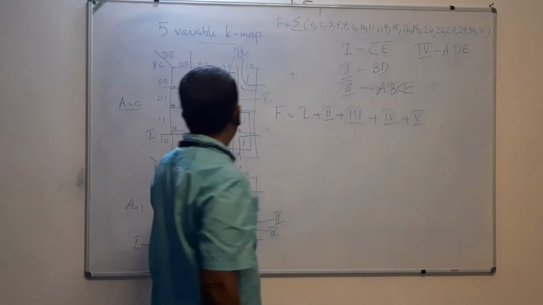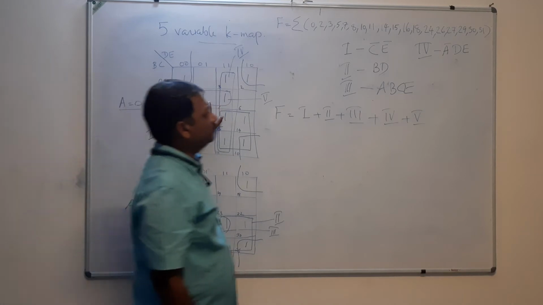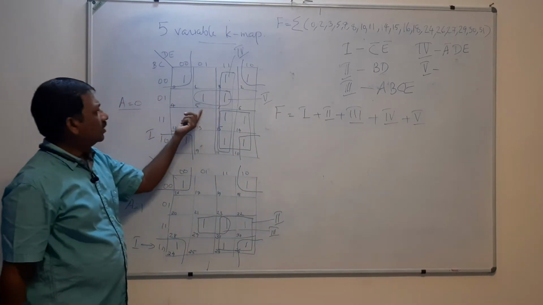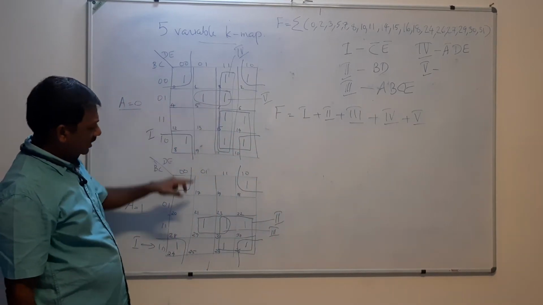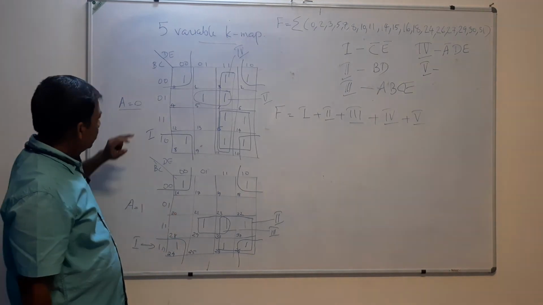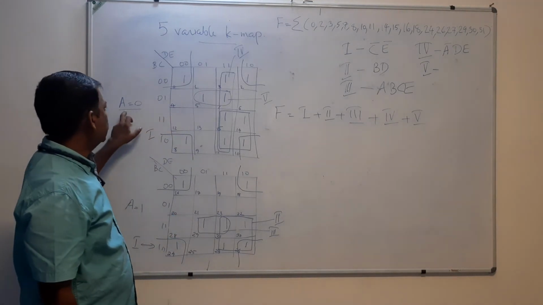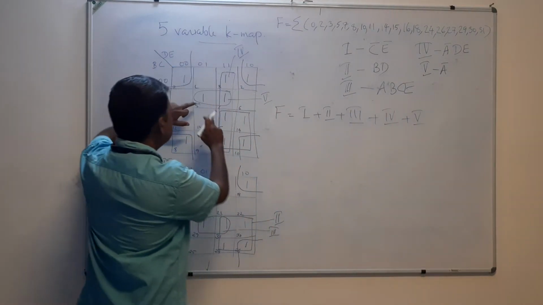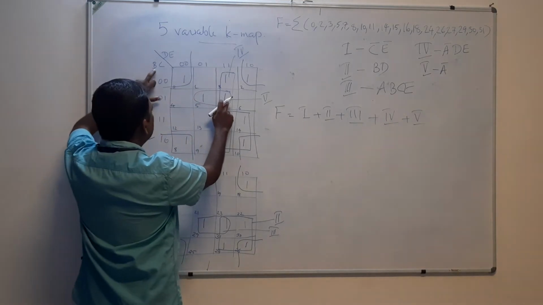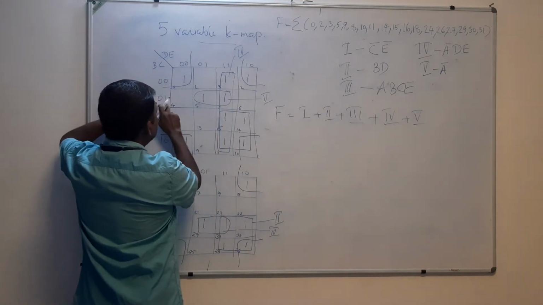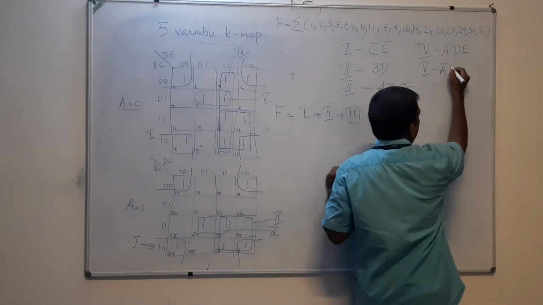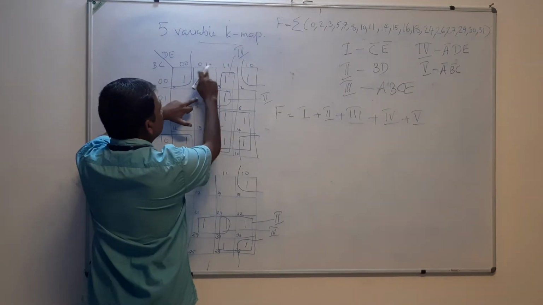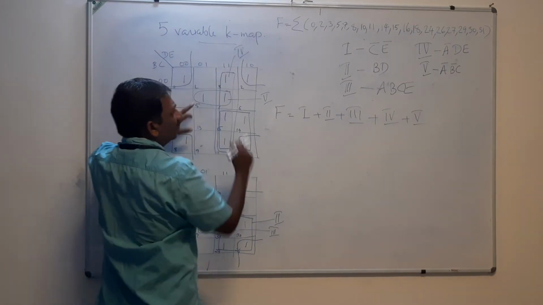And the fifth one: here this is part of the first table only. Then you have to keep A bar, and changing from this to this, B bar C exists. That means A bar, B bar C, and changing this to this, 0 to 1, D will go and E remains.